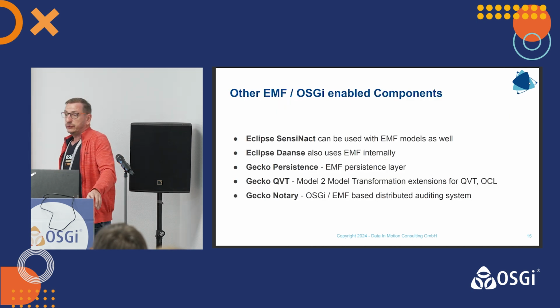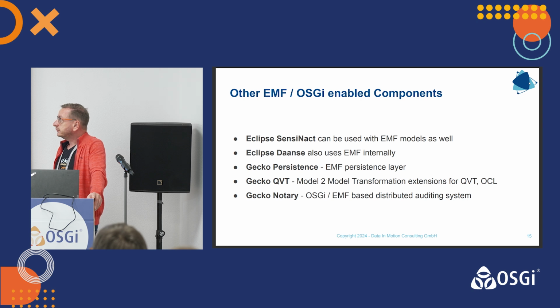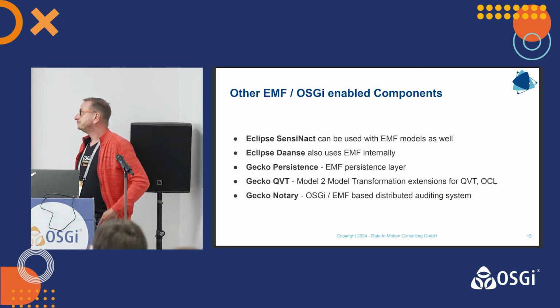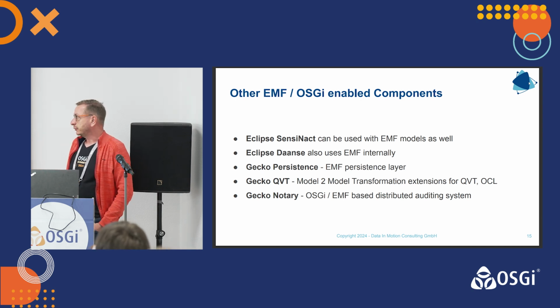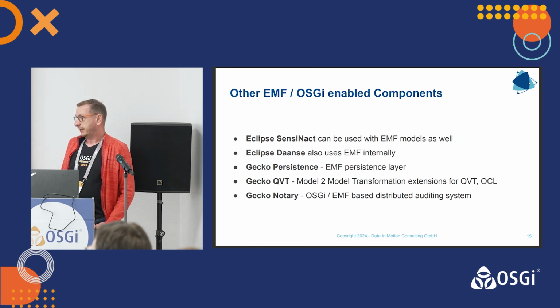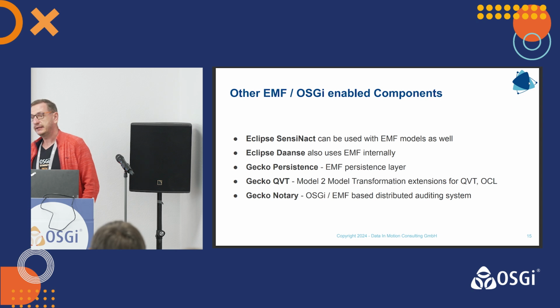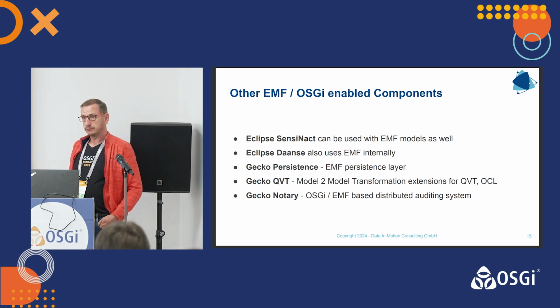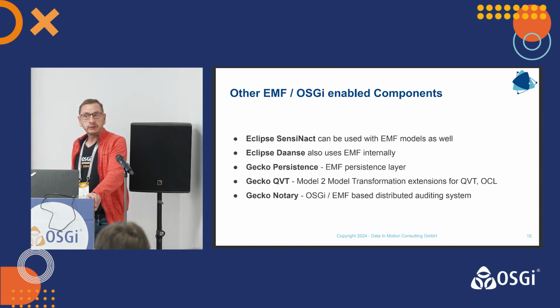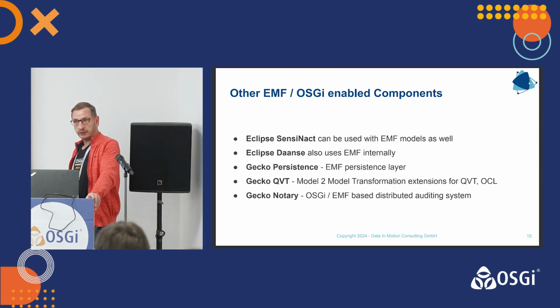Yeah, and beside the model atlas and our privacy tooling, there are a lot of other components that use this EMF and OSGi combination. For instance, Eclipse Sensinect can be used with EMF models as well. You can create an adapter to use EMF within Sensinect, and we want to connect Sensinect directly to the model atlas, so that we don't have to provide all the model information, the schema information, into the Sensinect system.